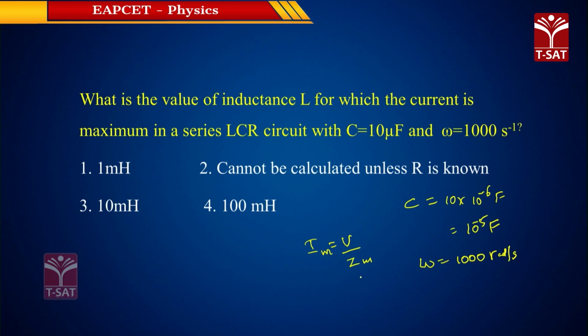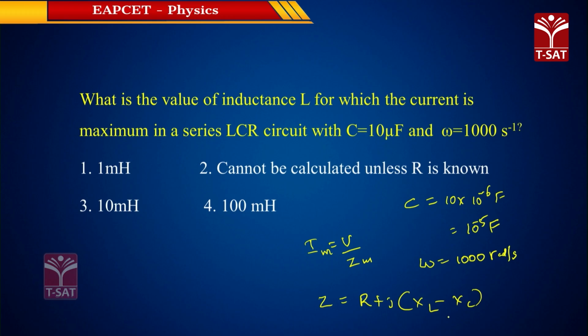Z is called the impedance, equal to R plus j into (XL minus XC).